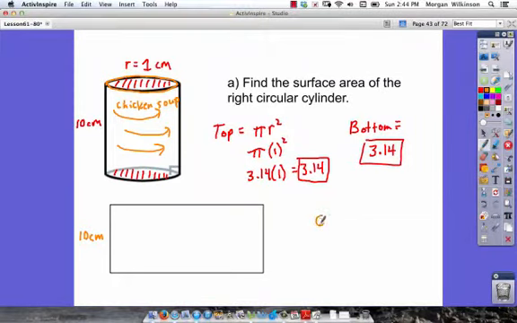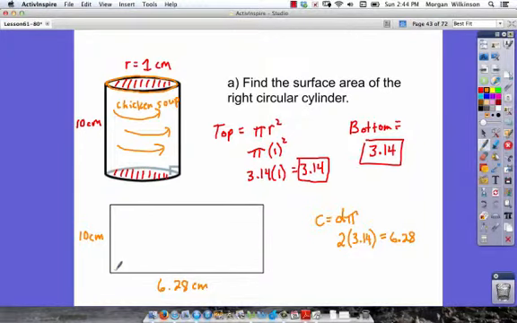So we know circumference is equal to diameter times pi. The diameter of the circle must be 2, because it's double the radius of 1, times 3.14. Well, if we double 3.14, we double each of those numbers, we must get 6.28. So we've got the circumference. That must be our length.